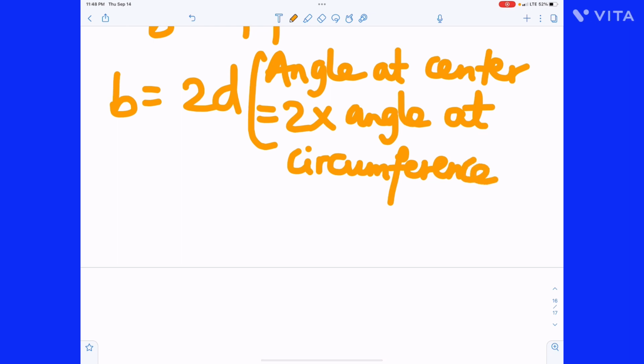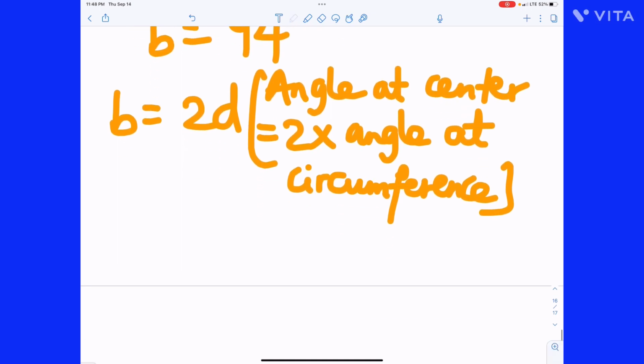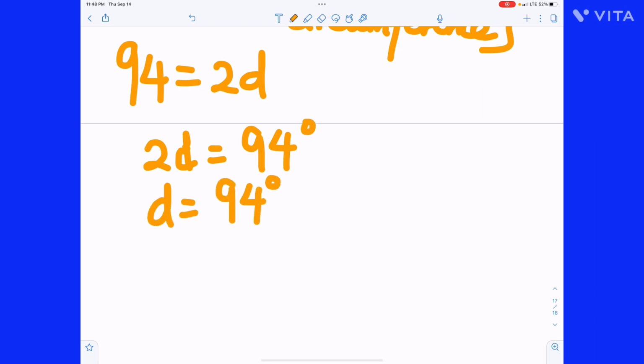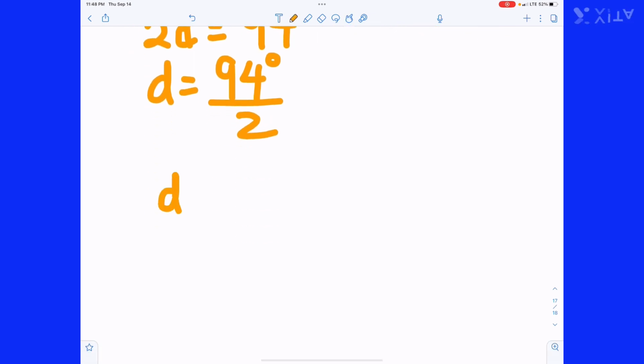Angle at center is 2 times angle at circumference, so 94 is 2D. If 2D is 94, D is 94 over 2.